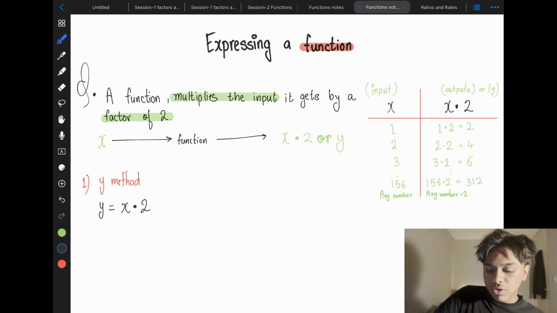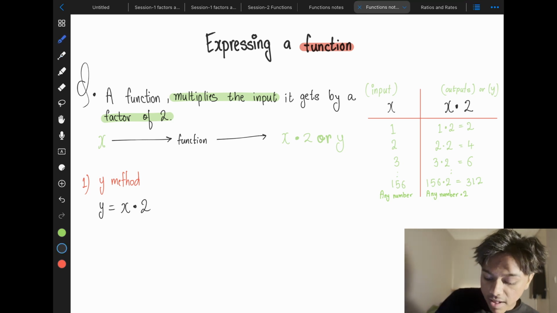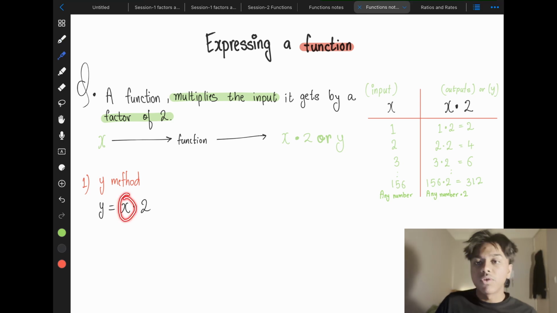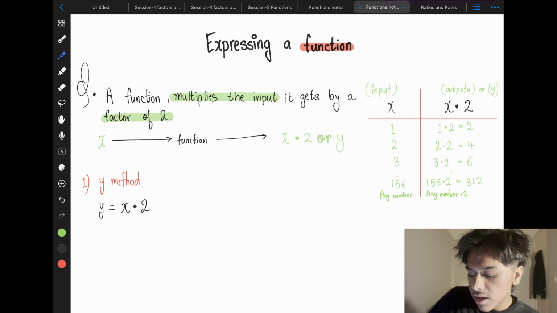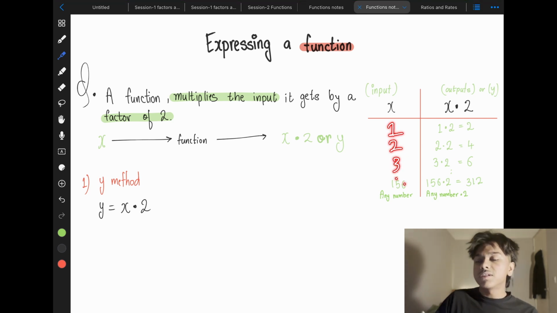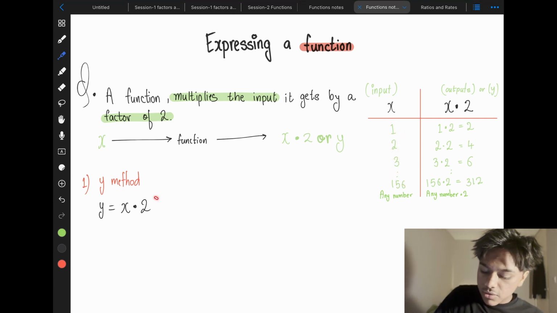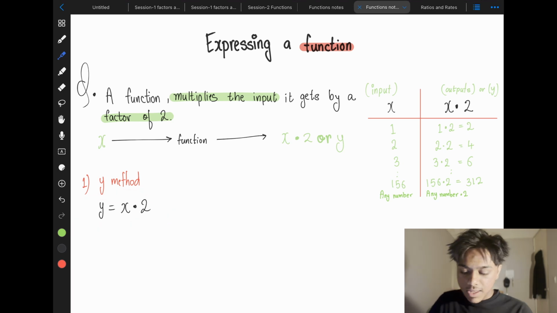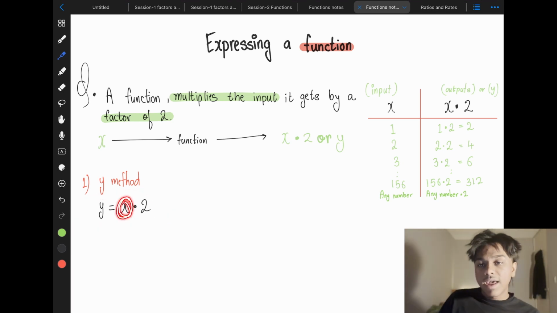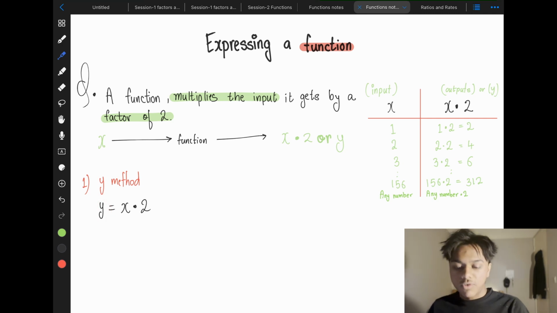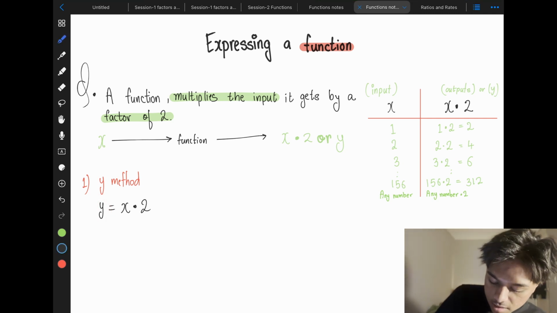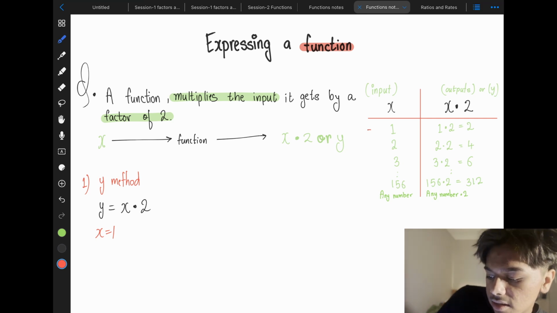Here, I can also find values. I can also put in values for my x, or for my input, as I did in the table. I put 1 here, 2, 3, and up to 156, and I said any number. I can do that here too. I can put any number for my x here, and I can get the value of my y for my output. Let's try putting some values. Let's try putting x equals 1, as I did here.